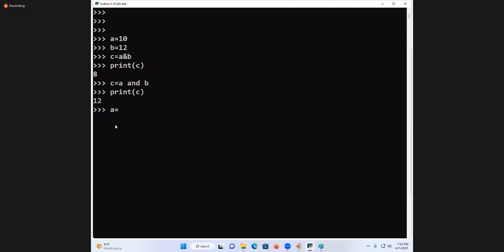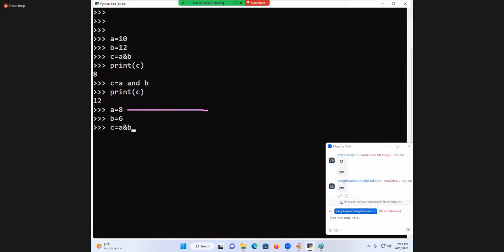Now A is equal to 8, B is equal to 6. Now C is equal to what? A ampersand of B. Come on, 8, please. 1, 0, 0, right or not? 8 is correct now. Binary. 6, 0, 1, 1, 0.